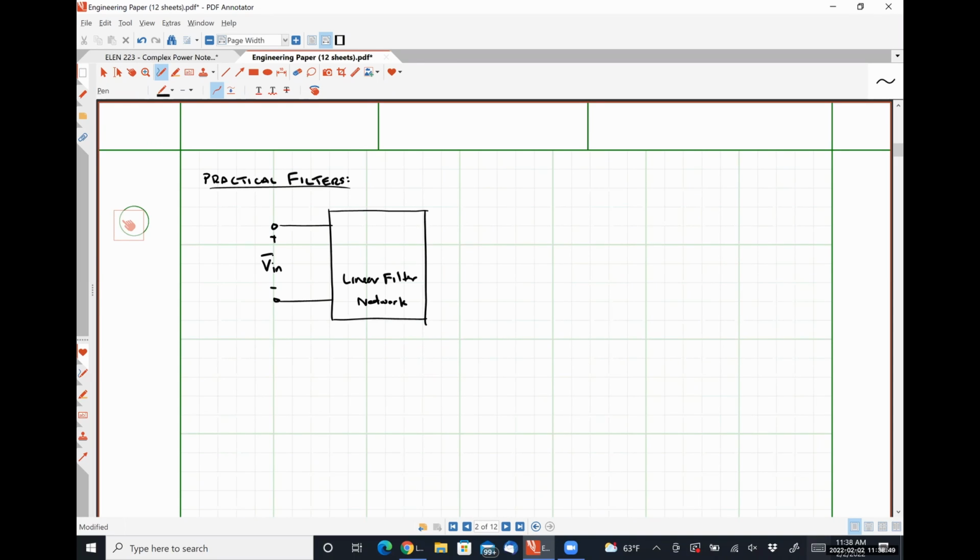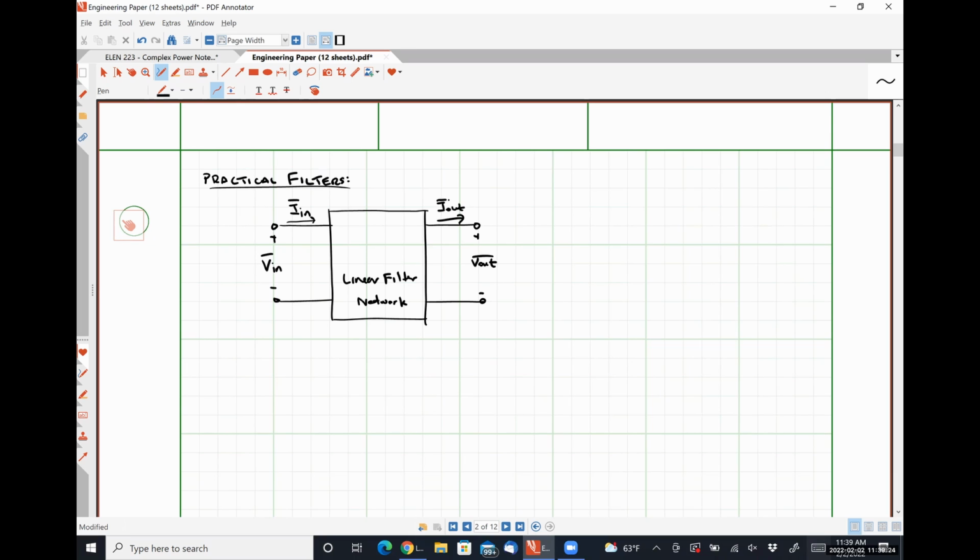So I'm just going to call this phasor voltage V in for right now, because we're going to do things generically. Or some frequency dependent current I in. On the output, I'm going to have some frequency dependent voltage V out, or some frequency dependent current I out.